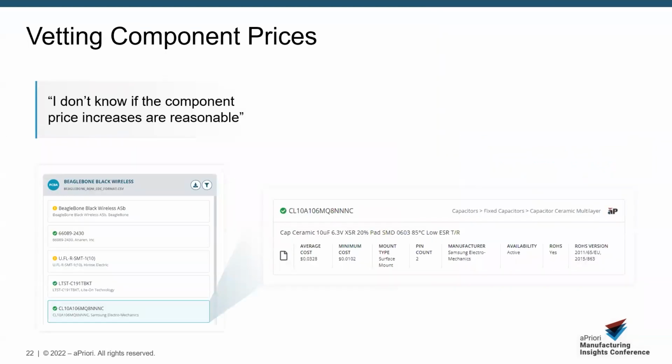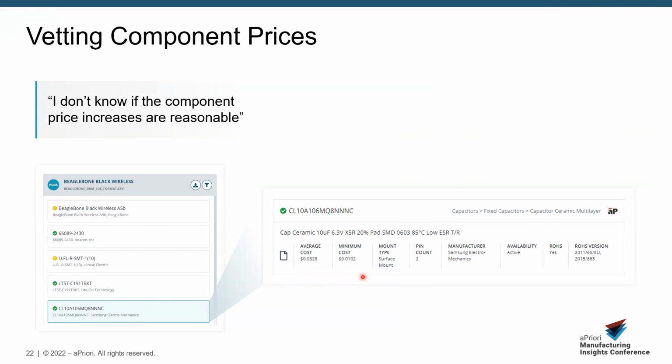So the final challenge that I mentioned is I don't know if the component price increases are reasonable. I know component prices are going up, but I don't want to pay more than is fair. So if you're using the electronic data collection tool within a priori and you're using that to access Silicon Expert data, you'll see that Silicon Expert reports both an average cost and a minimum cost.